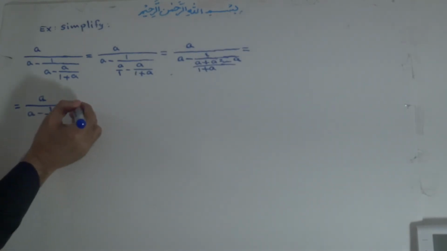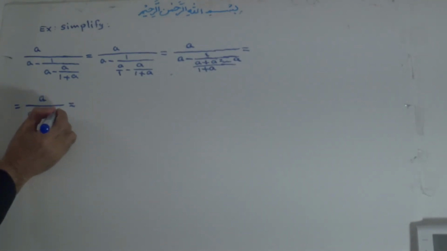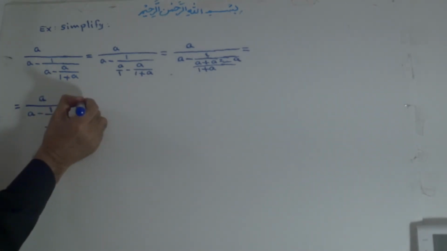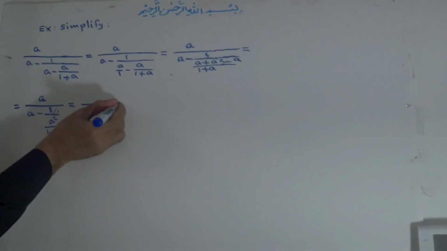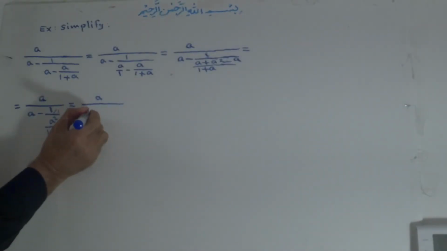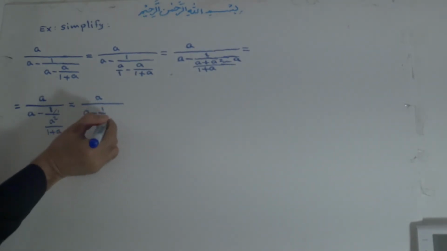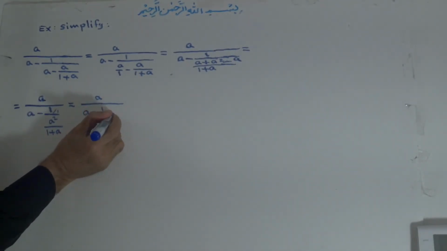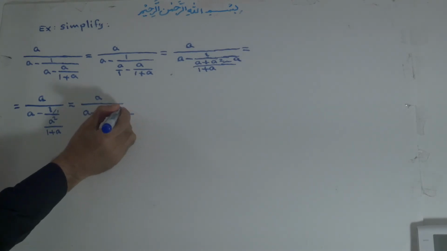Now we know that here is 1 and the numerator for 1 is 1 over 1, and this is equal to a over a minus 1 over 1 times 1 plus a over a to the power of 2.